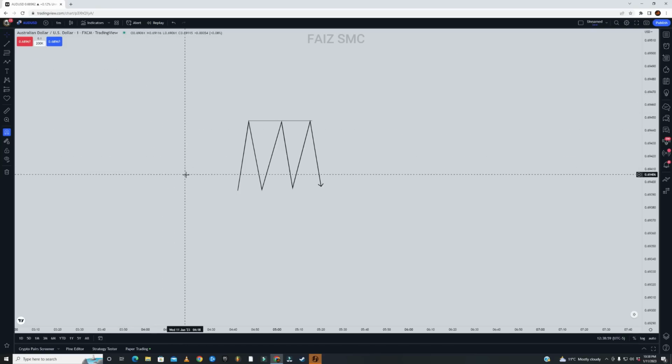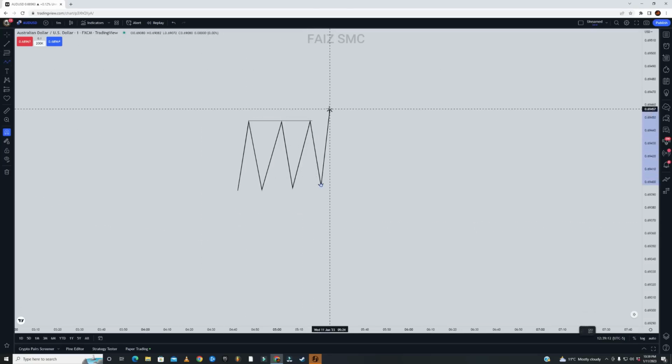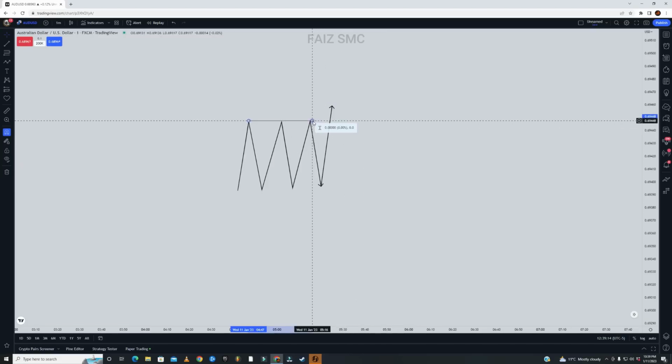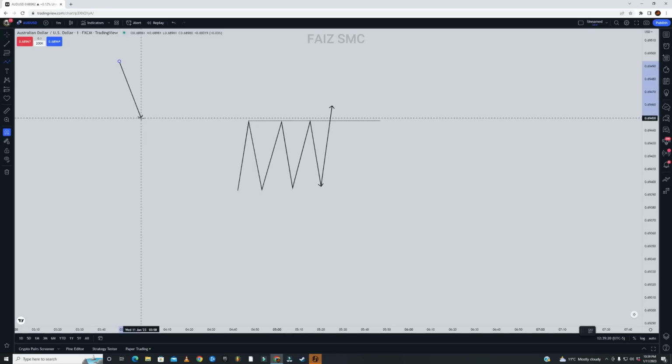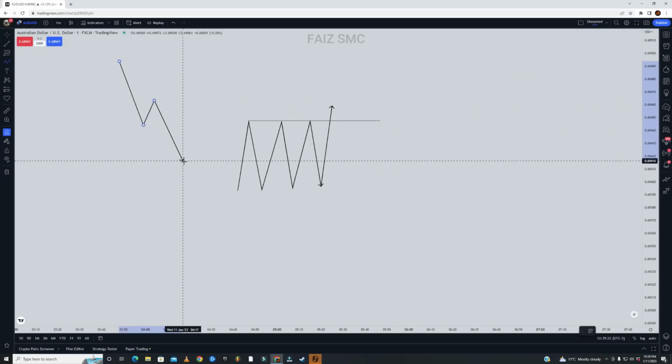So if we are bearish, right? If our bias is bearish, if the overall market trend on a higher time frame is bearish, we want to look for a manipulation or liquidity sweep in the opposite direction of the main trend, okay? So assume that we are bearish, right?